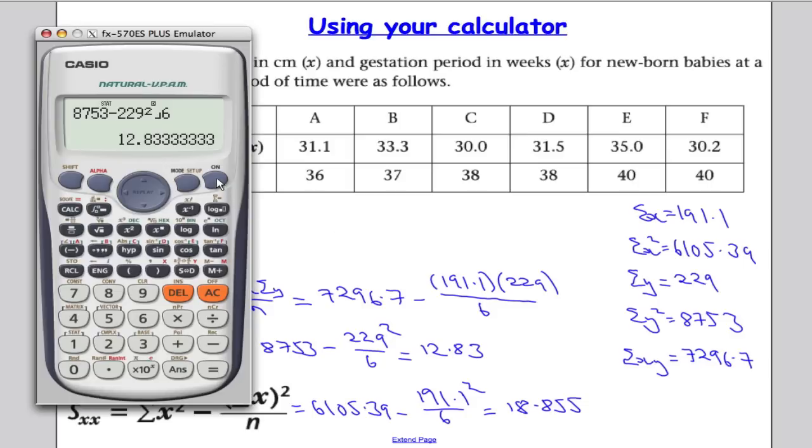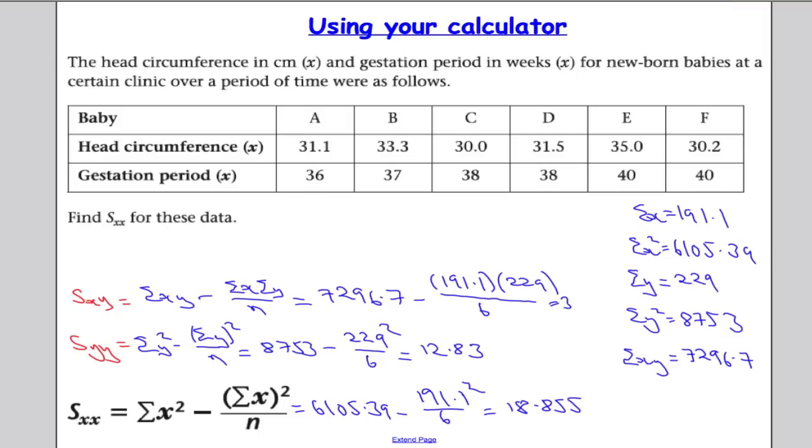So let's put that into the calculator now. 7296.7 subtract 191.1 multiplied by 229 divided by 6, and we get 3.05. And there's SXY, SYY and SXX.